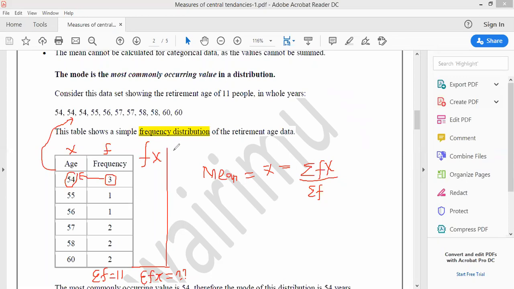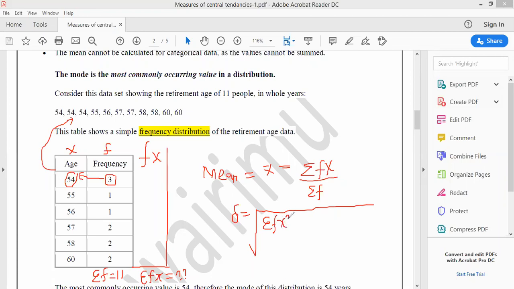I want to introduce the term called the standard deviation. Standard deviation is one of the measures of dispersion, which has a very big relation to the mean of the distribution. How do we determine the standard deviation? Standard deviation, normally abbreviated as sigma, the Greek letter, is computed as the square root of the sum of the frequencies times the squared data variable.